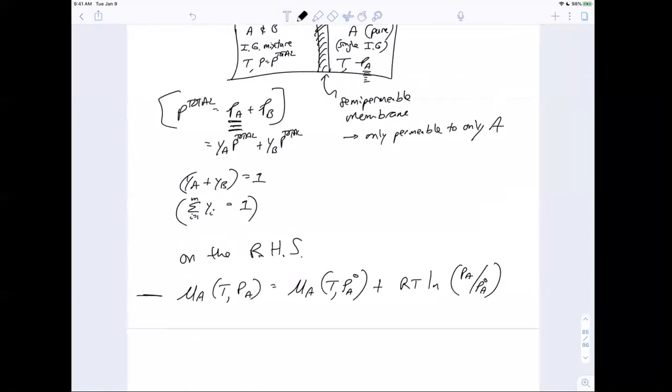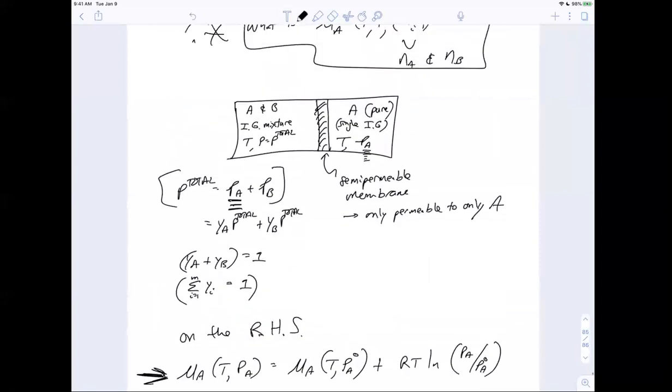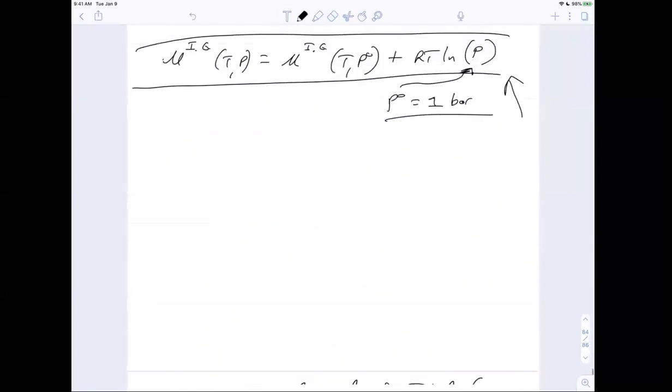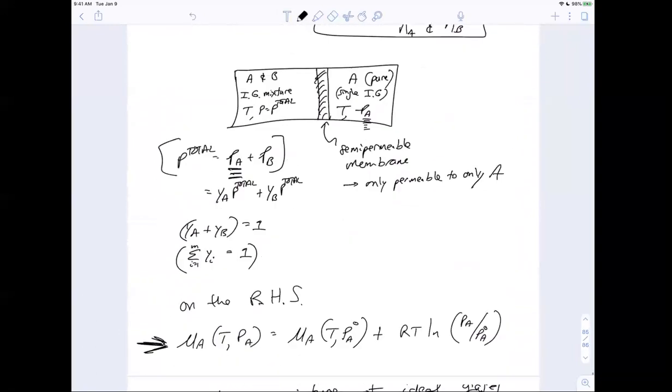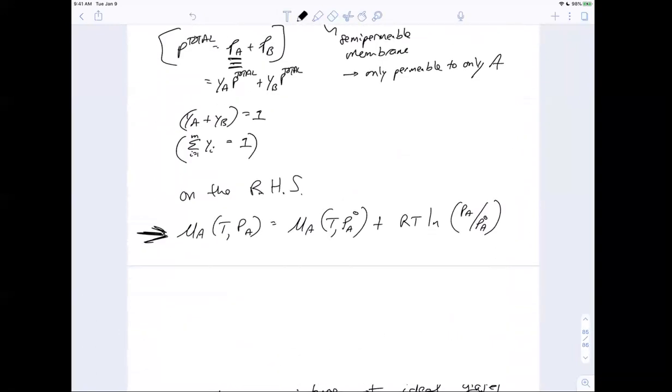And this expression is just this expression right here in the box, with a subscript A now for everything. Okay, and A is an ideal gas. All right, so that's what we have.